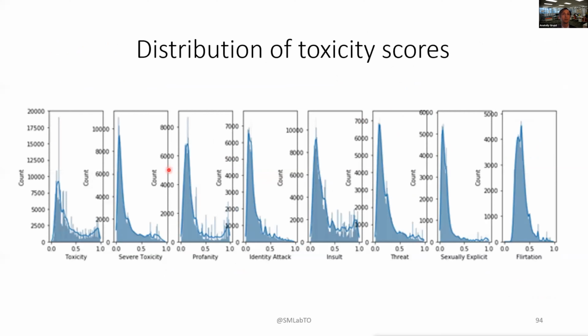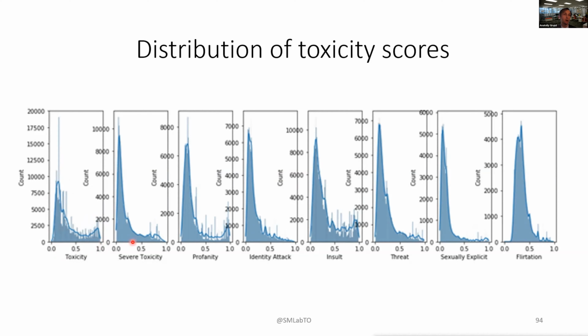This is an example of the distribution charts I'm talking about. Essentially, you can see most of the messages here are non-toxic, but then there is a spike close to 1. This is the group you are interested in exploring. There's a small percentage of messages that were scored close to 1, so those are toxic interactions.